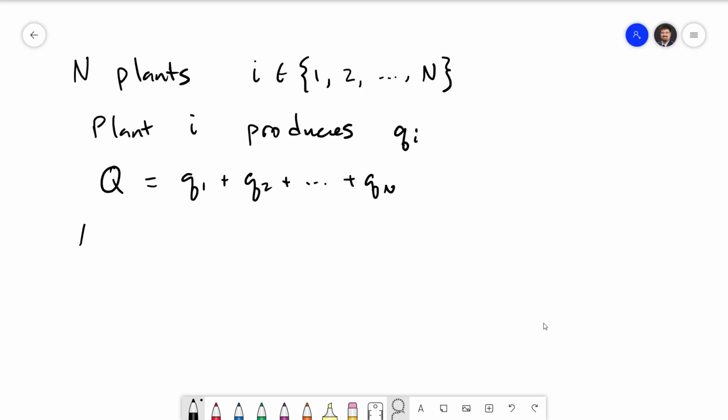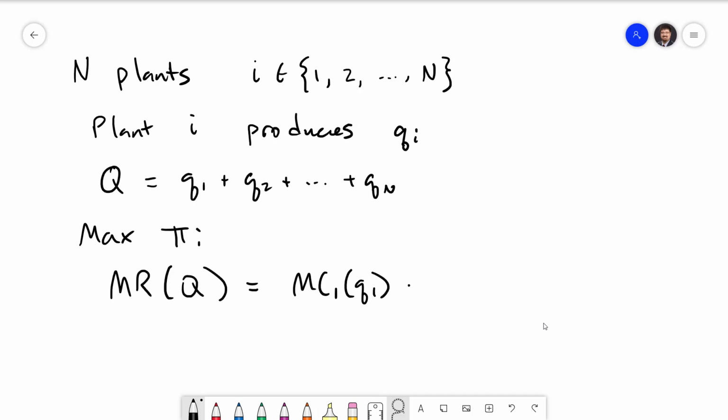To maximize profit, we're going to produce the quantities such that the marginal revenue equals the marginal cost at plant 1, producing Q1, equals the marginal cost at plant 2, producing Q2, equals all of the other marginal costs at all of the other plants all the way up to plant n.